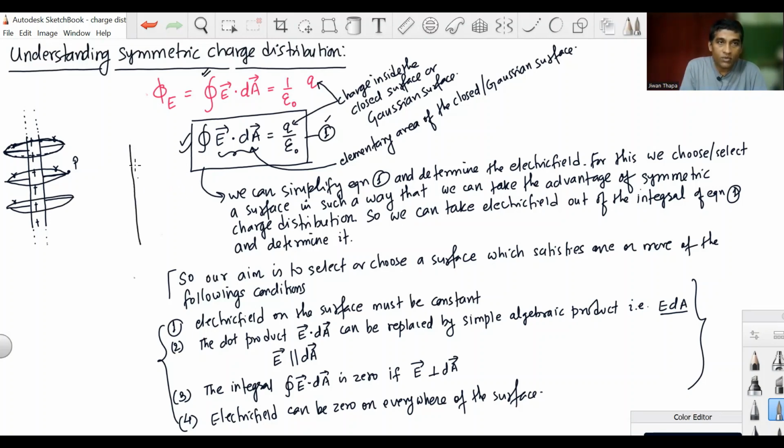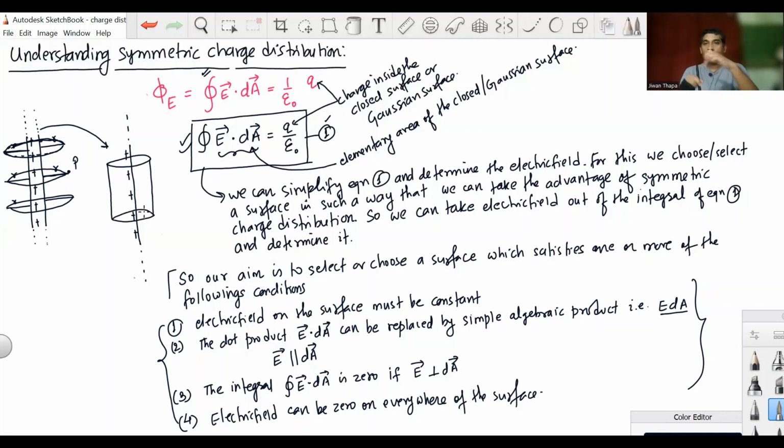So let me draw it in this way. This is a thin rod or cylindrical rod containing positive charge which is infinitely long. I'm redrawing it. So as I said earlier, if we join all these circles, then we get an open cylinder.